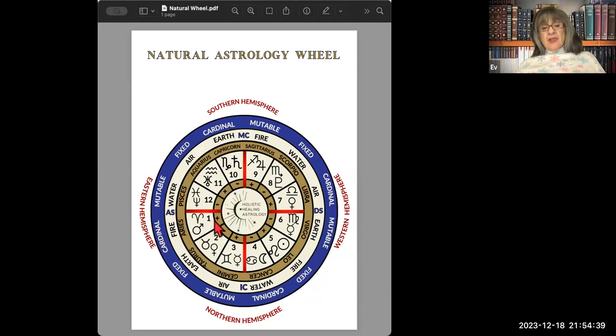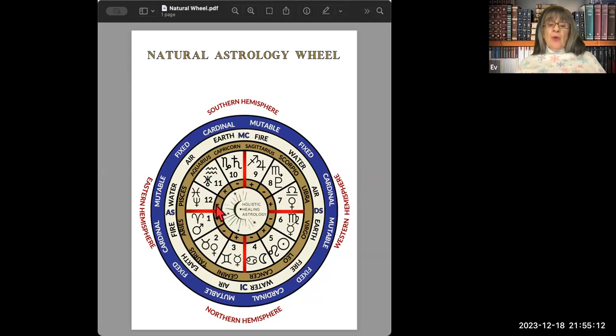And then each sign has a positive, masculine, extroverted, yang energy, or a negative, introverted, feminine energy, and they alternate all the way around the wheel.